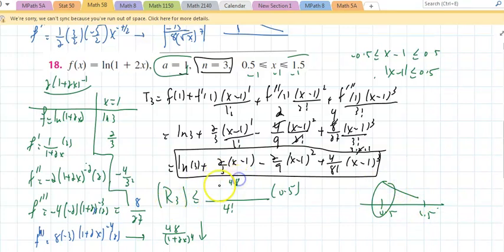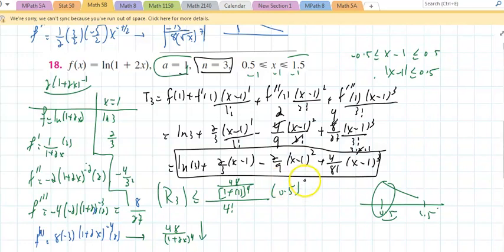Isn't that 48 divided by (1 plus 2 times 0.5, which is actually 1) all to the 4th power, right? And that would be my actual answer.